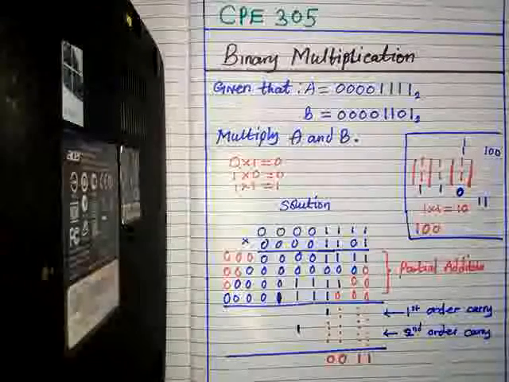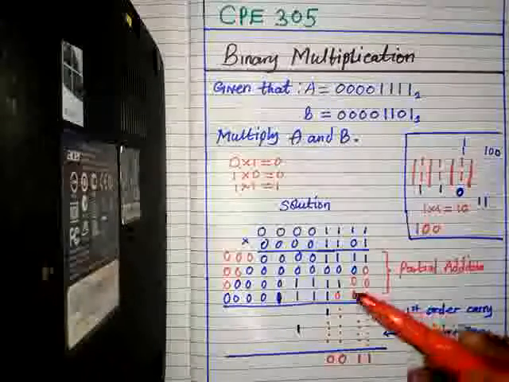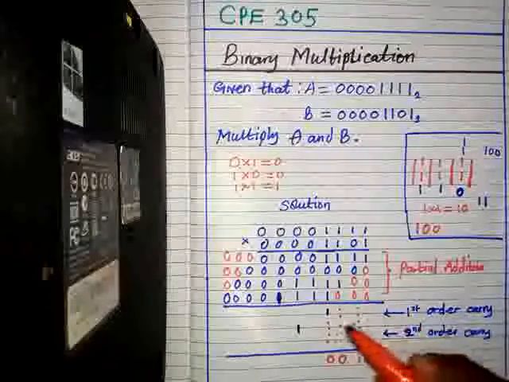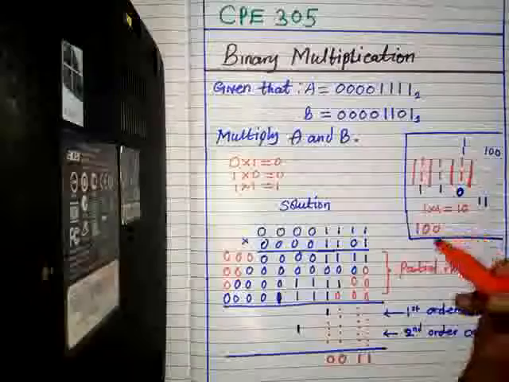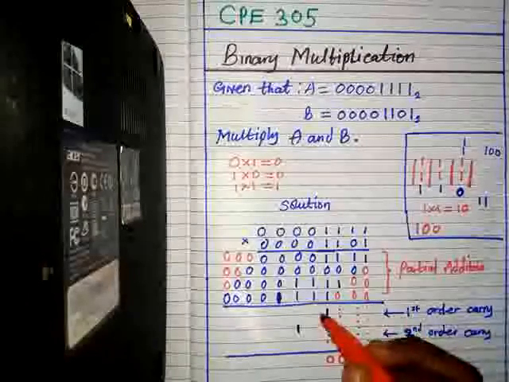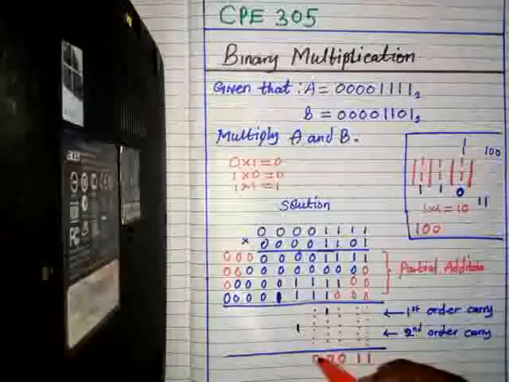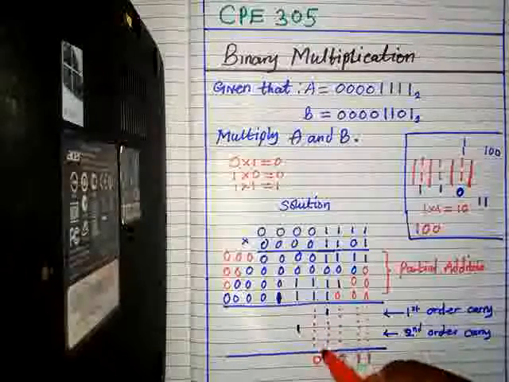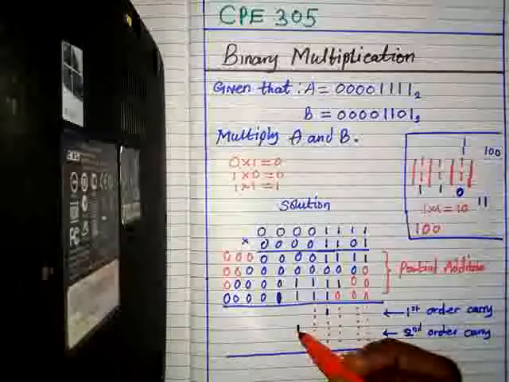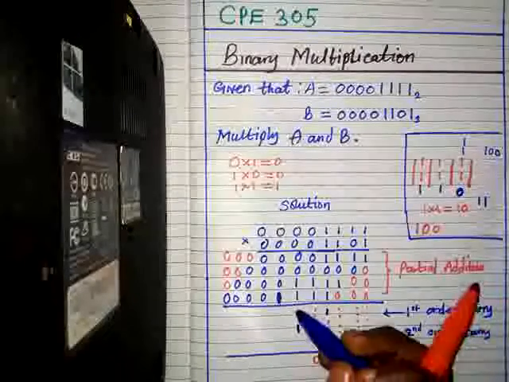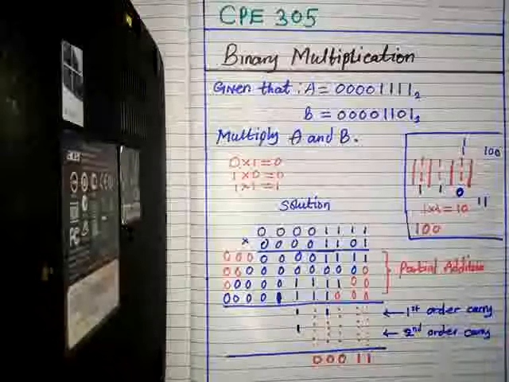Okay, and here if I add this 1 1 1 plus 1, it is 2, and 2 is 1 0, so it will be 0. Since it is 1 0 0 here, 1 will be situated here, but how? As a first order carry, so indicate it in the top one.